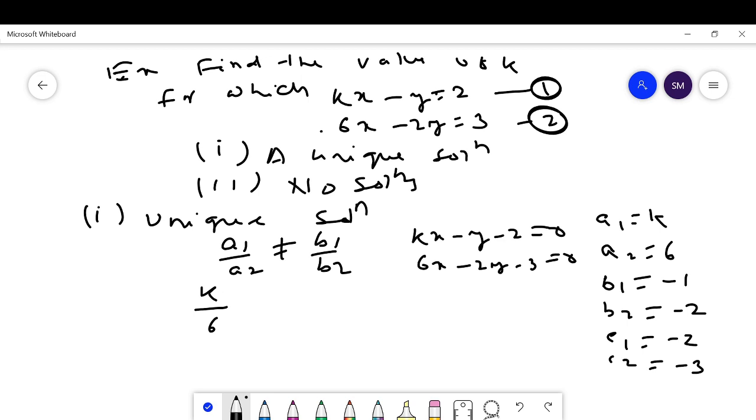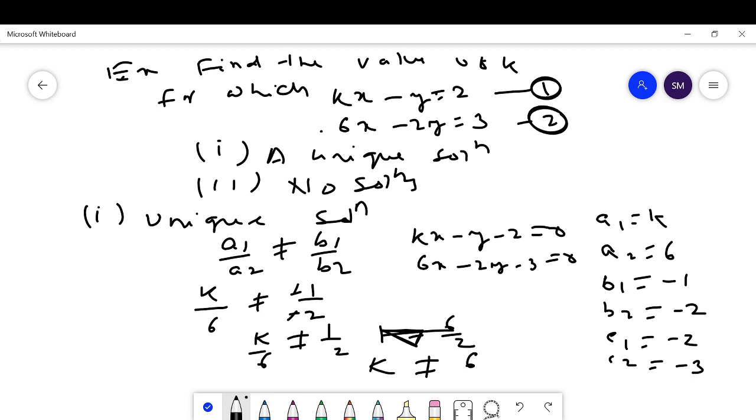Here k by 6 should not be equal to minus 1 upon minus 2. Then minus minus cancel. k by 6 is not equal to 1 by 2, means k should not be equal to 6 by 2, which is 3.